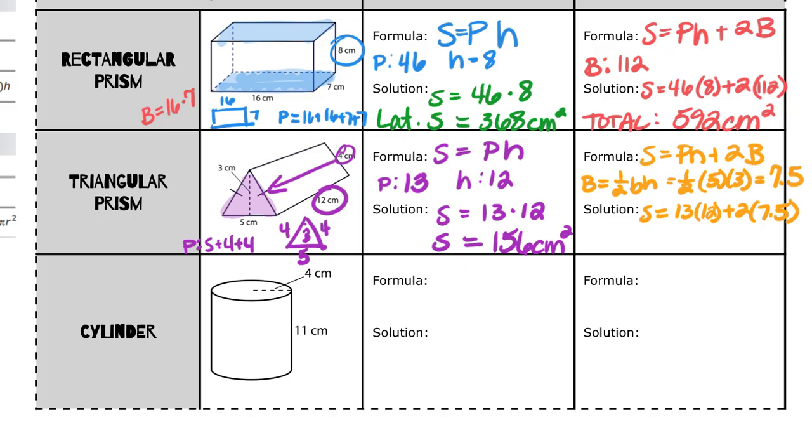So then 13 times 12 is 156 plus 7.5 times 2. So our total surface area would be 171 centimeters squared.